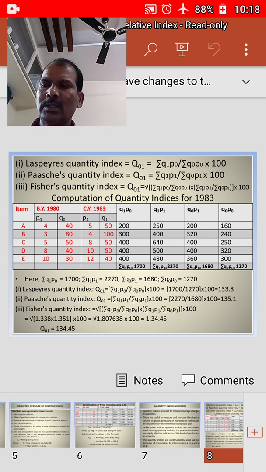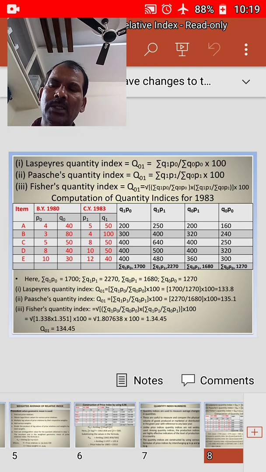For a better understanding of these quantity index numbers, he has given information regarding quantities and asked to find quantity indices by using Laspeyres method, Paasche's method, and Fisher's ideal method, with items A, B, C, D, E. Base year is 1980, and current year is 1983.